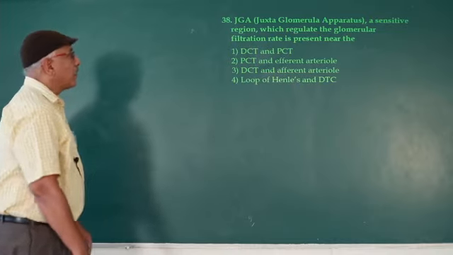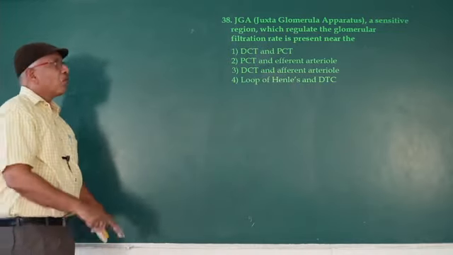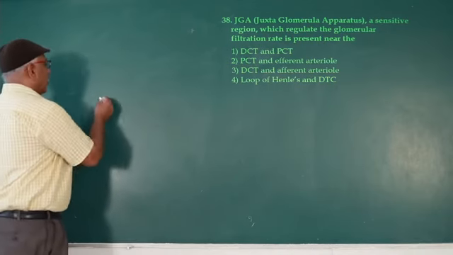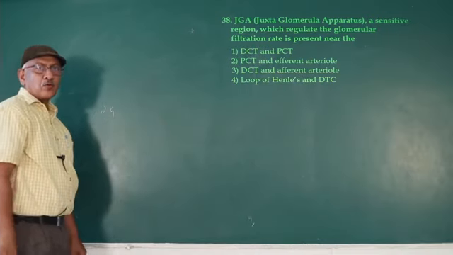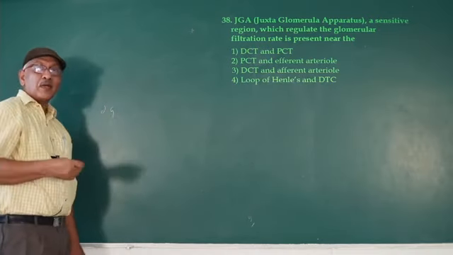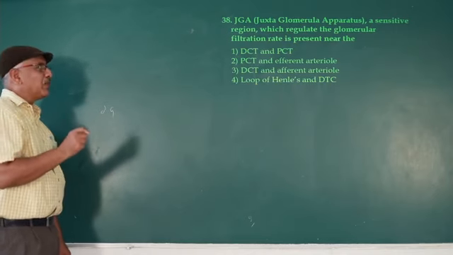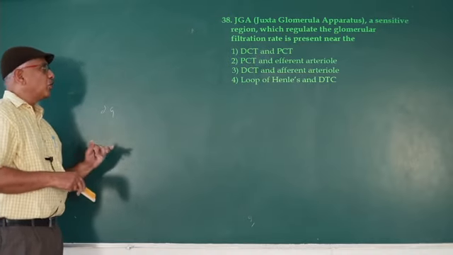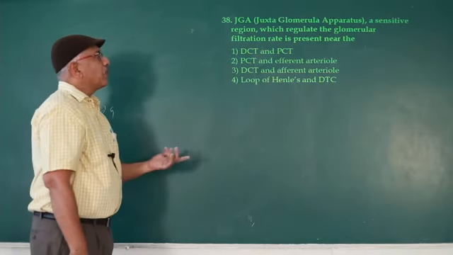Macula densa, modified epithelium of the distal convoluted tubule, and modified smooth muscle cells of the afferent arteriole known as juxtaglomerular cells. Macula densa and juxtaglomerular cells together are known as the juxtaglomerular apparatus.